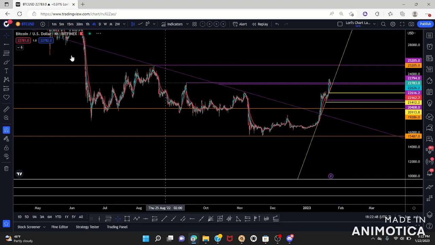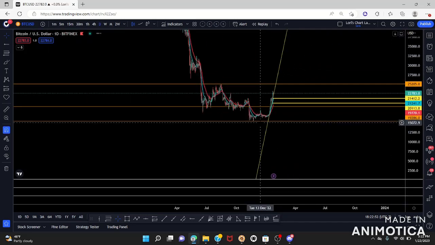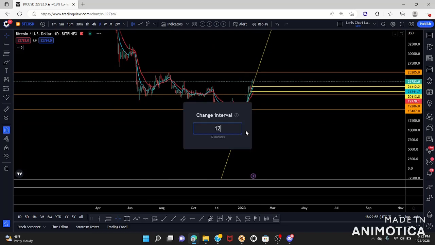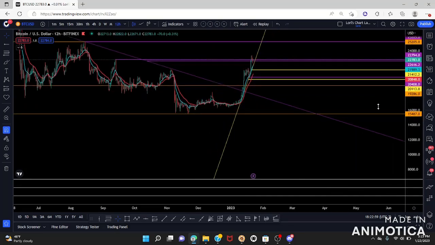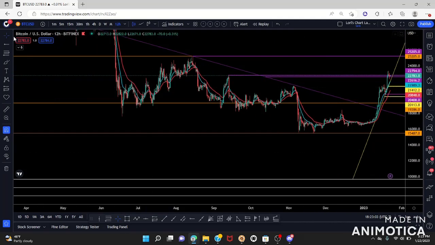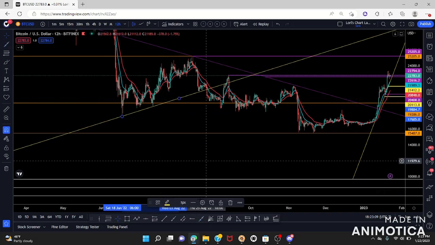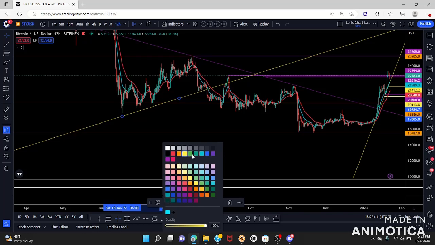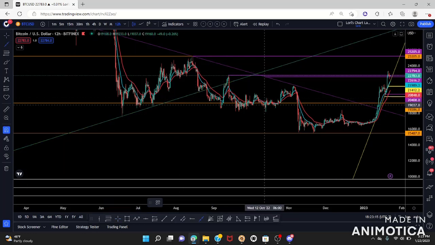I like to draw some nice trend lines within the daily time frame, and actually the 12-hour plays out really good too. So let's do our trend lines within our 12-hour. I want to show you something that I saw earlier. Usually I go with the flow, right? I believe in energy, and I feel like the charts in general are all energy.